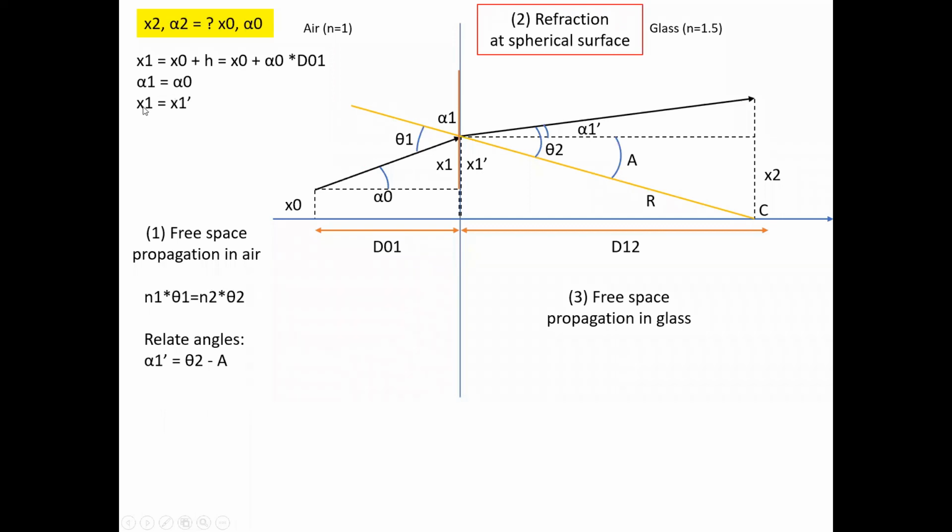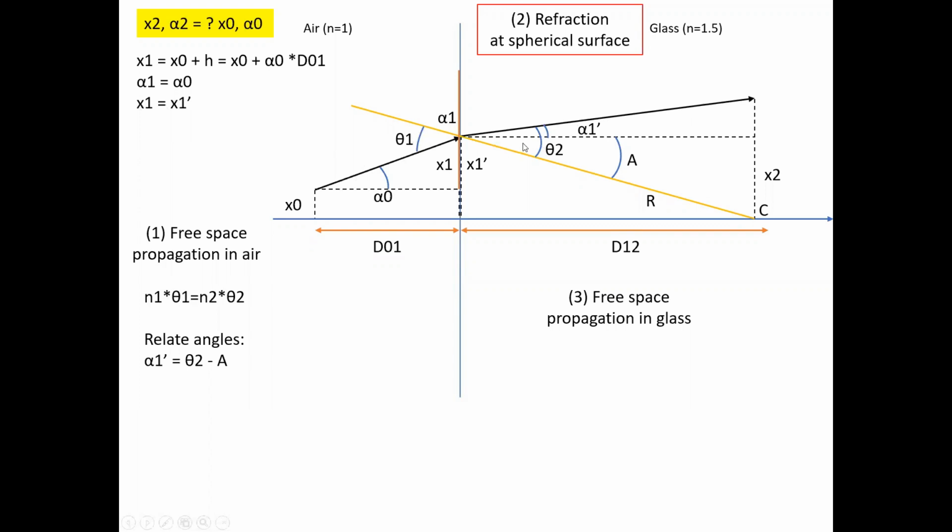So we save the height equation here, because nothing else to do. x1 equals x1 prime. However, we need to work a little bit more with the angle equation because these theta 1 and theta 2 are angles which I just added to the problem. They are not related till now with the angles that are given to us, like alpha naught, alpha 1, etc.